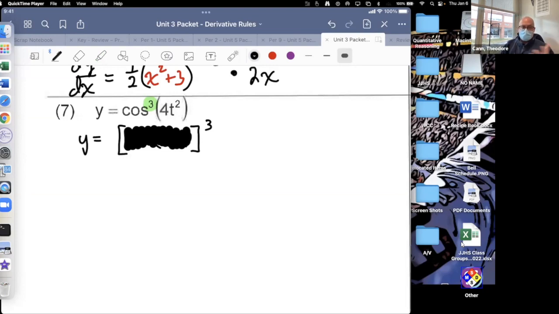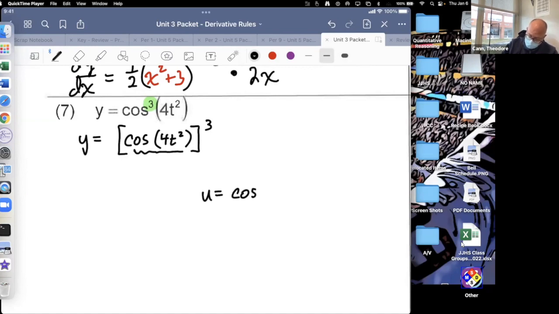It doesn't matter how complicated it is, it's just something being raised to the 3rd power. So that's what my u is going to be, that something, where the y would be the u raised to the 3rd power.